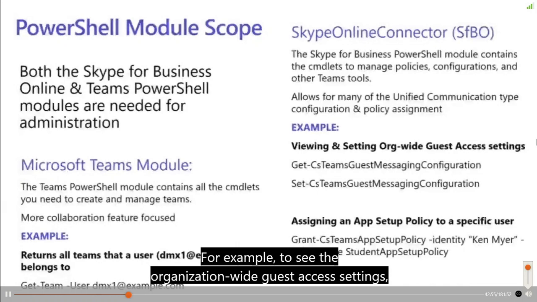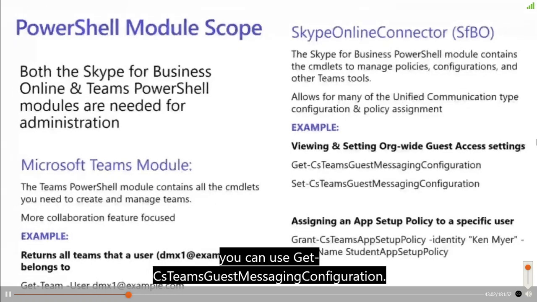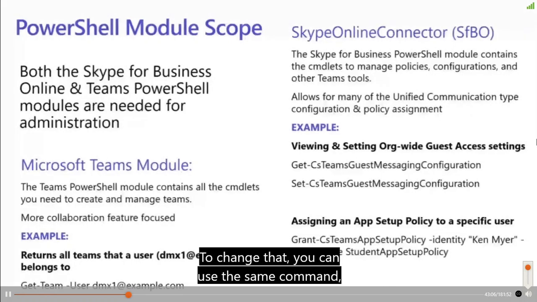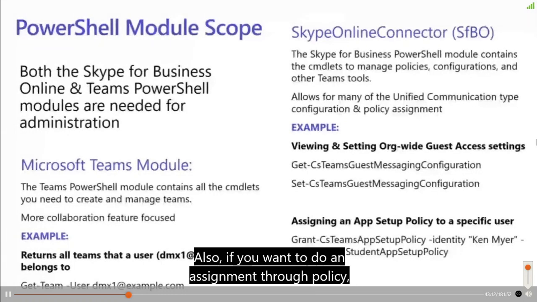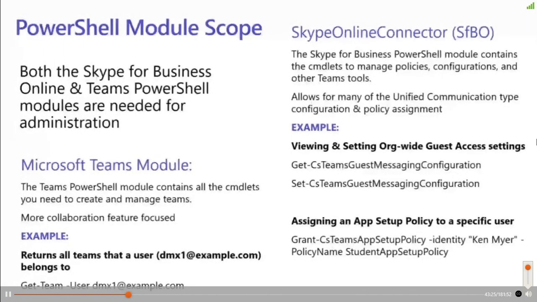For example, to see the organization-wide guest access settings, you can use Get-CsTeamsGuestMessagingConfiguration, and to change that, you can use the same command but change the Get to Set. Also, if you want to do an assignment through policy, you can use, for example, Grant-CsTeamsAppSetupPolicy.